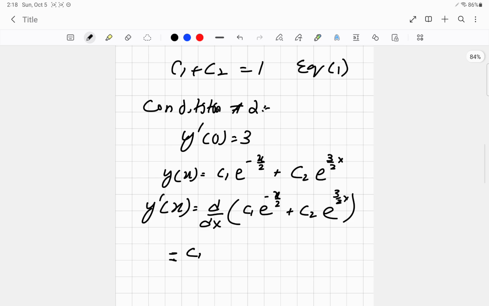Okay, so y of x equals c1 e to the power of negative x by 2 plus c2 e to the power of 3 by 2x.